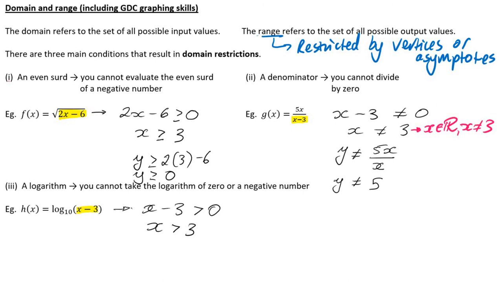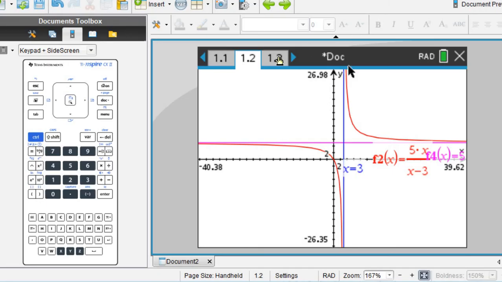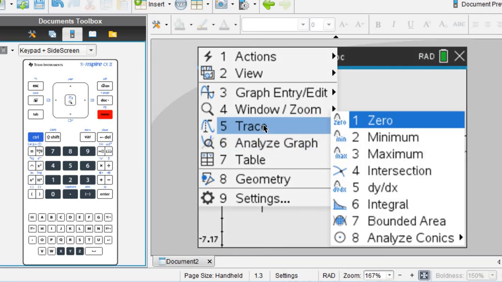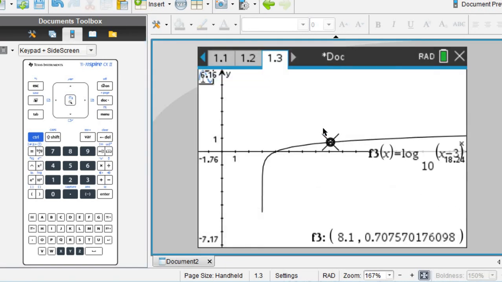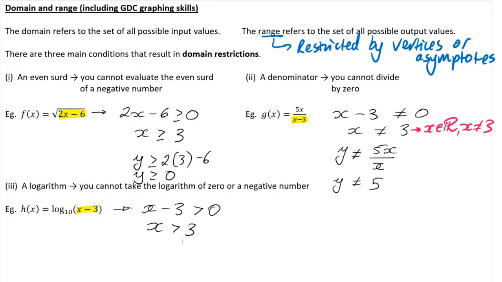So if x is greater than 3, what's y greater than? And that's a little bit more difficult to determine here. Let's have a look at that function. Trace, and let's type in x equals 3. And we see that it's undefined. So x is greater than 3.